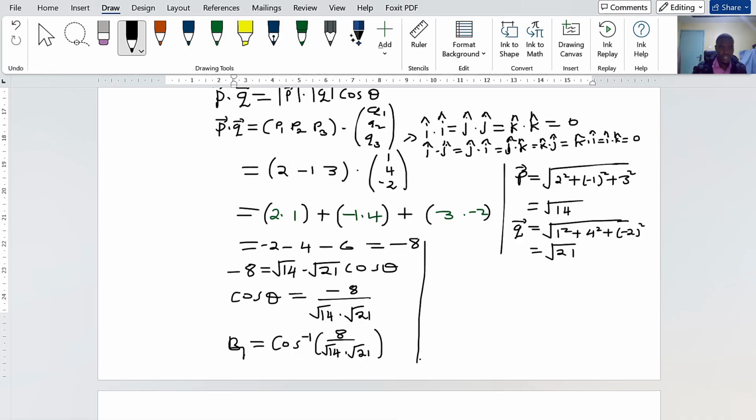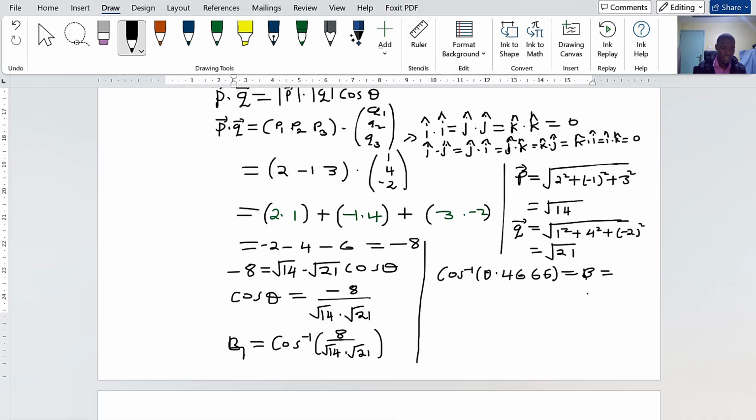When you do that, we'll just get the cos inverse of 0.466. That will give us the acute angle beta.